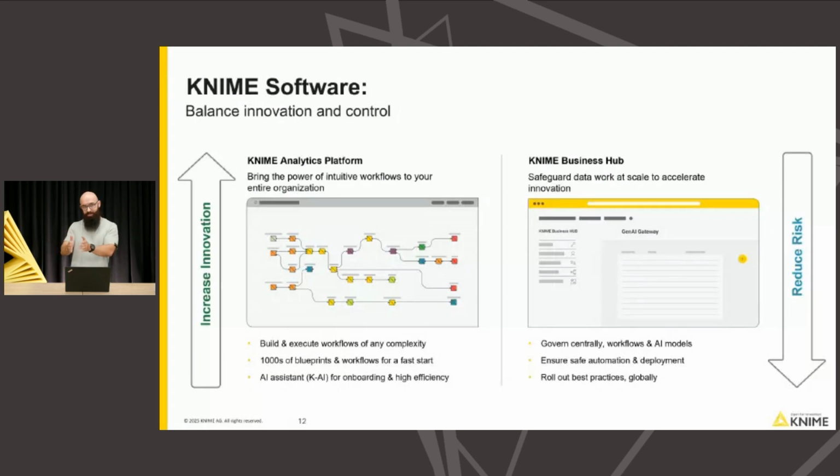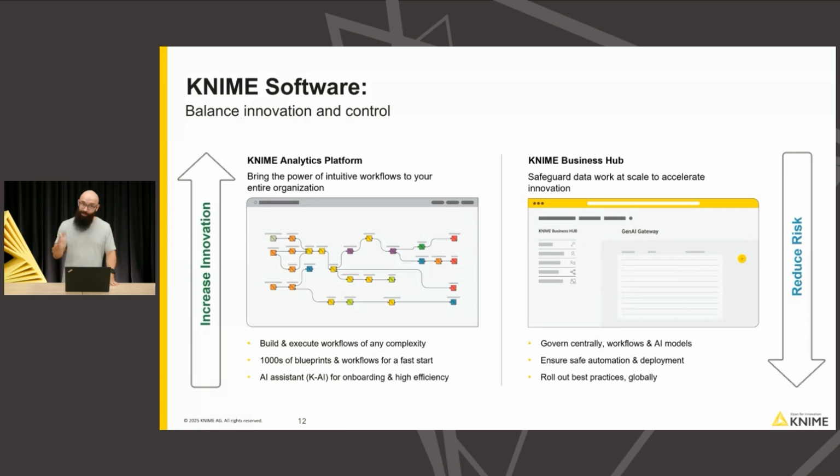So with the KNIME Business Hub, and for smaller teams also the KNIME Community Hub, we have a piece of software that sits at the center where people can share their work, but you can also govern what's going on. You can control what kind of AI models are used, you can manage your secrets, and you can even audit your workflows automatically. All of that is possible with KNIME Business Hub.